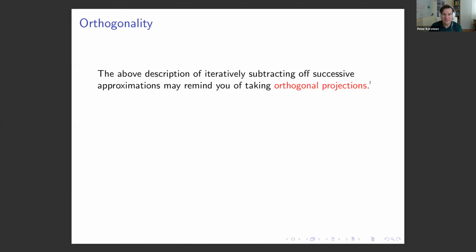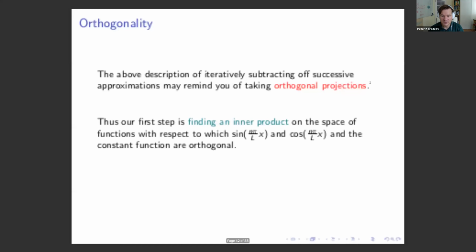The above description is iteratively subtracting successive approximations. It may remind you of the Gram-Schmidt procedure, orthogonal projections, and understanding what the orthogonal projections to given bases will be.